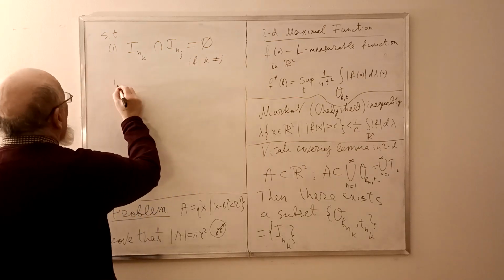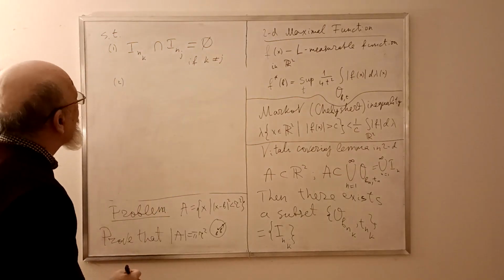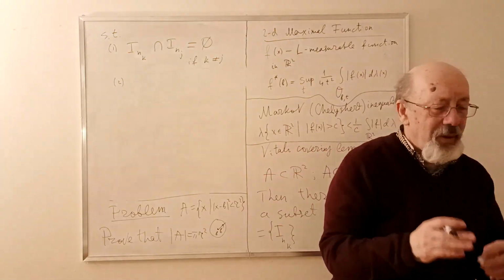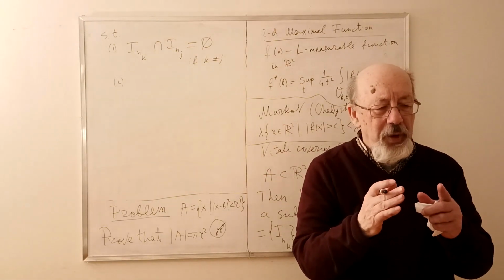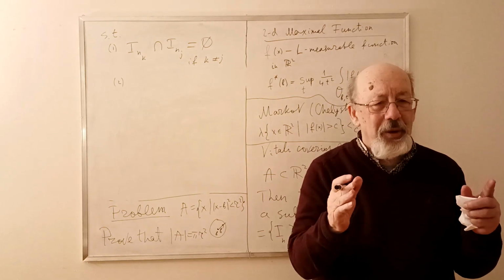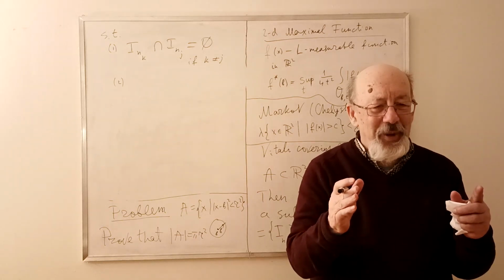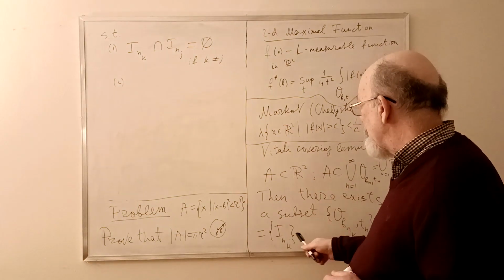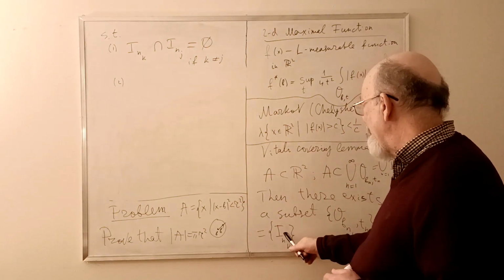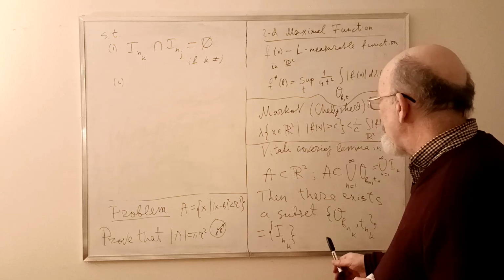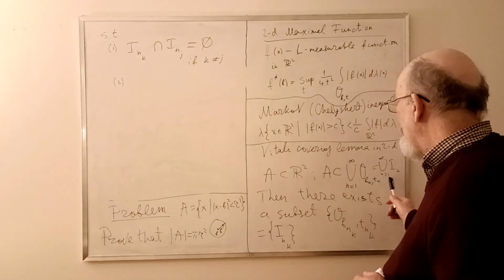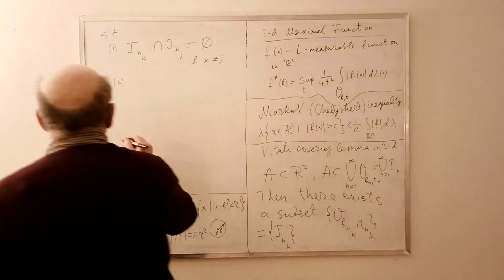And second, in one dimension, we consider the tripled segment, and it was written that the union of tripled segments I_k contains the union of I_n.